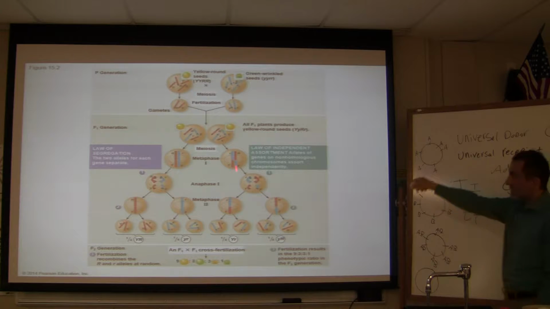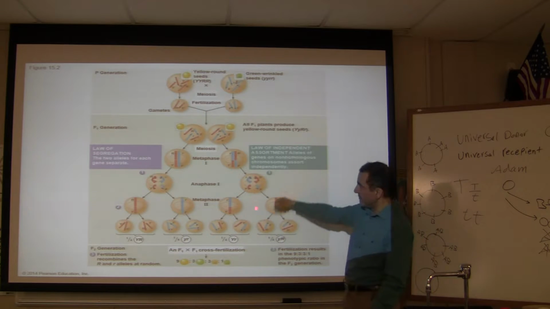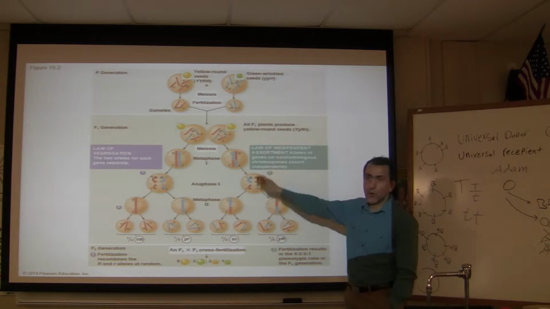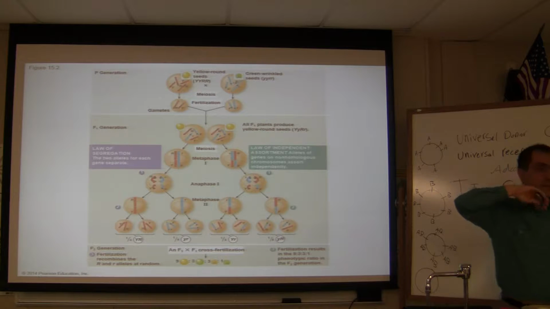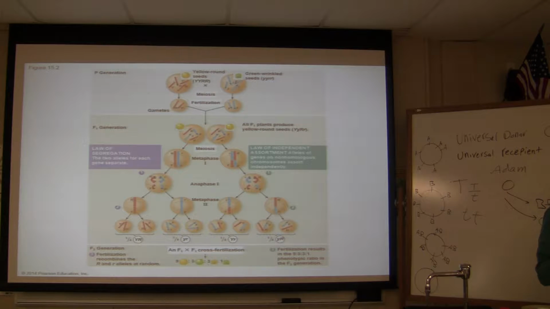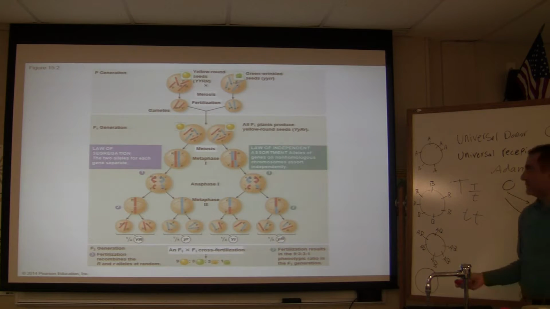Okay, it's just this one. So this is very important. This PowerPoint, I hope you sit down and look at it and understand it, and after that, I hope you can recall the information.